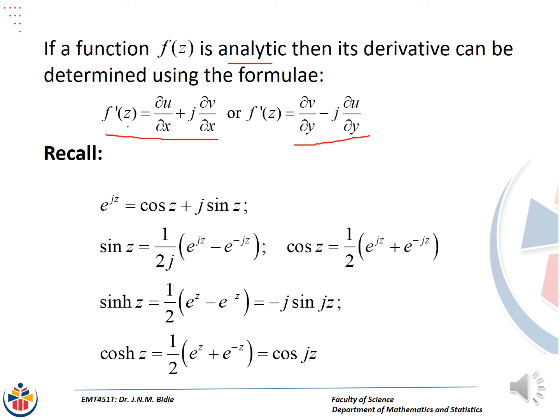Please remember, for sin z the power of e has got j, but for sinh there is no j. And also for sin z, we've got 1 over 2j, but for sinh we just have 1 over 2. And this is the same as negative j sin jz. Cos and cosh are related in that format, in the sense that also the power of e does not have j, and cosh z is equal to cos of jz.